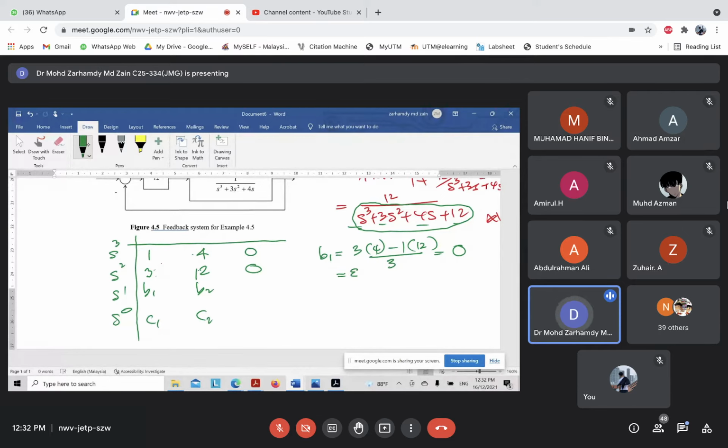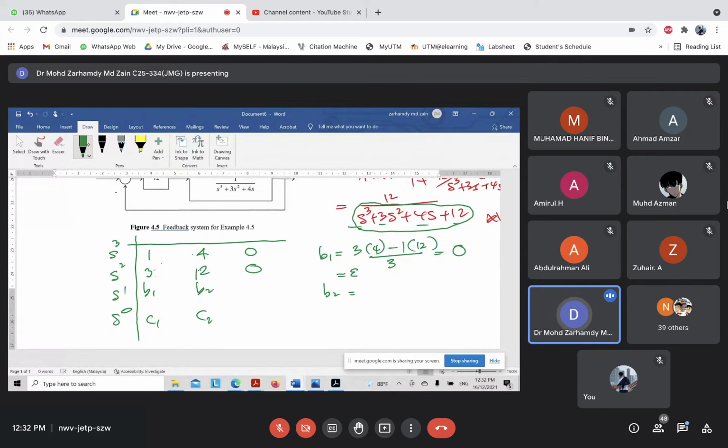So now B2. Leave B1 as epsilon. In the real situation it is 0, but we just use epsilon temporarily. So now we have B2.